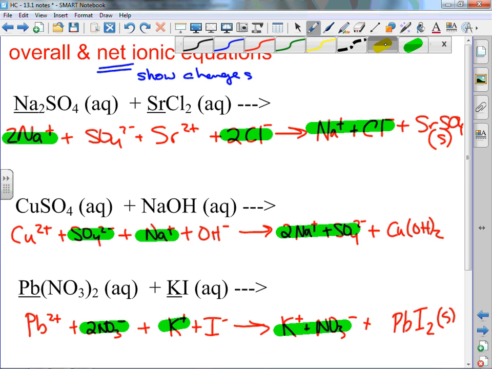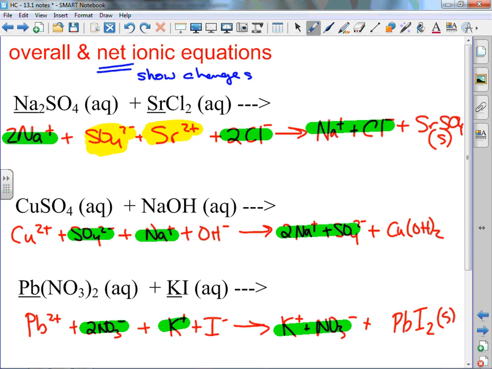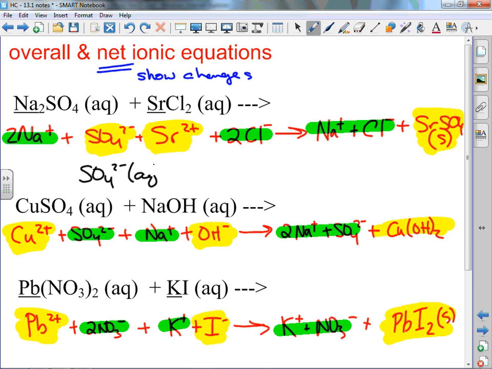If we notice here, sulfate and strontium started out as ions. Now they're not. Copper and hydroxide started out as ions. Now they're not. And finally, lead started out as ions, and so did iodide. Now it's lead iodide. So if they say write the net ionic change, it would be sulfate ions were aqueous, strontium ions were aqueous, and now we have solid strontium sulfate.